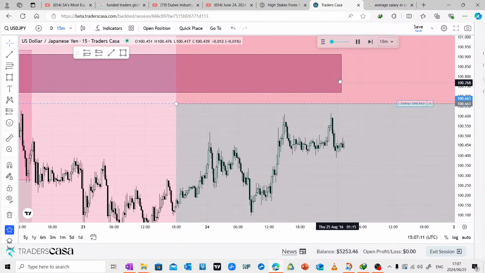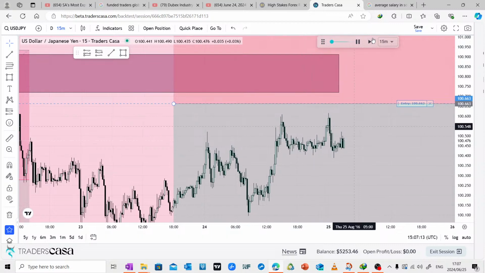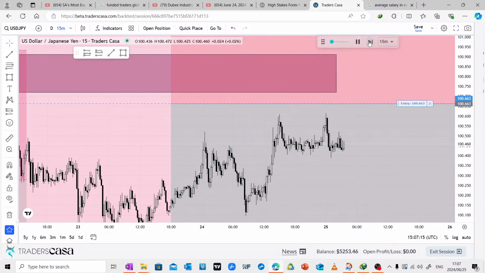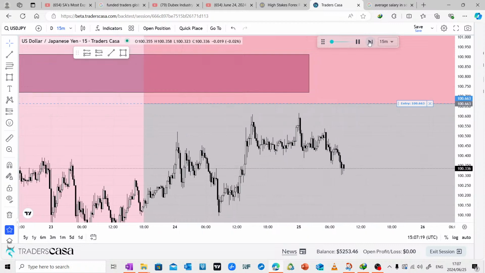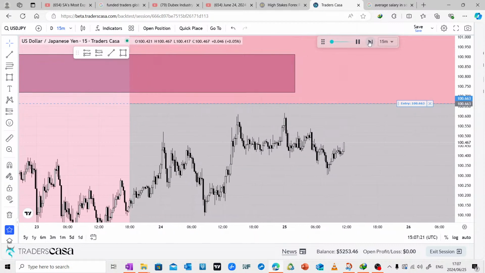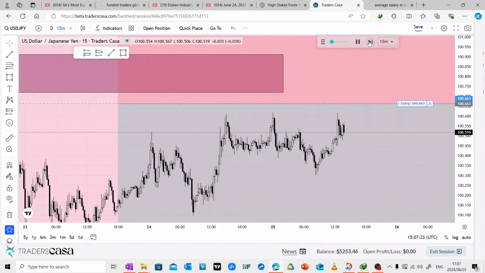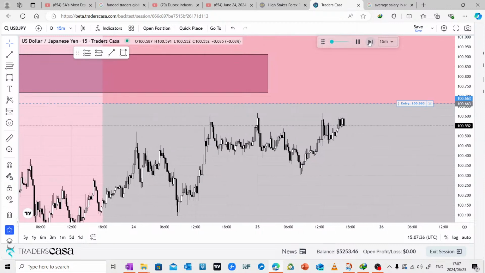Took out the buy side there, hasn't taken out sell side as yet. Okay, so looks like I'm not yet tagged in. Oh, the market is full of surprises.